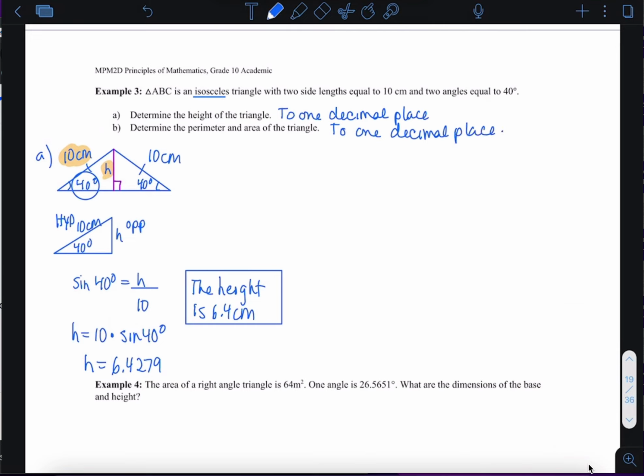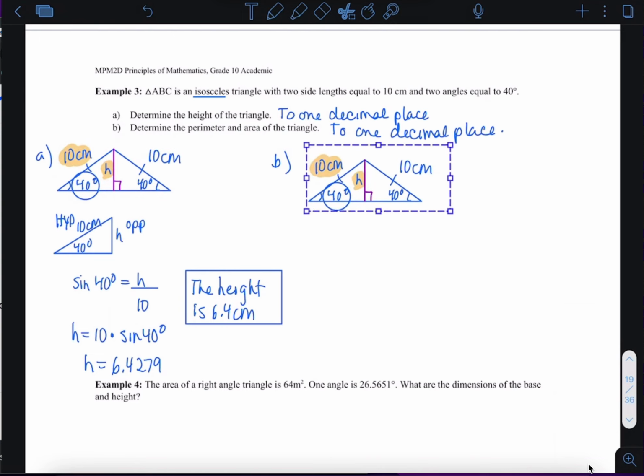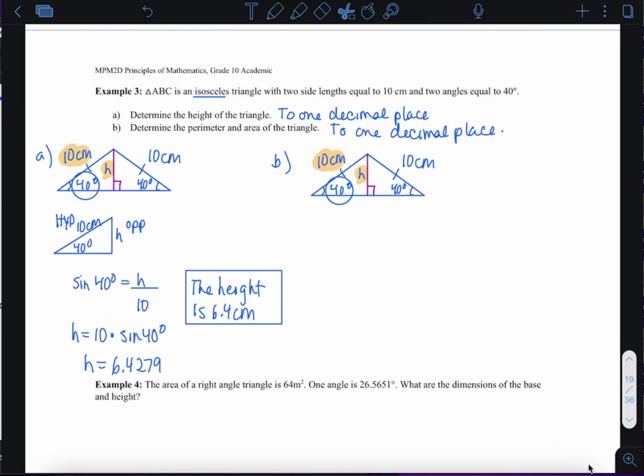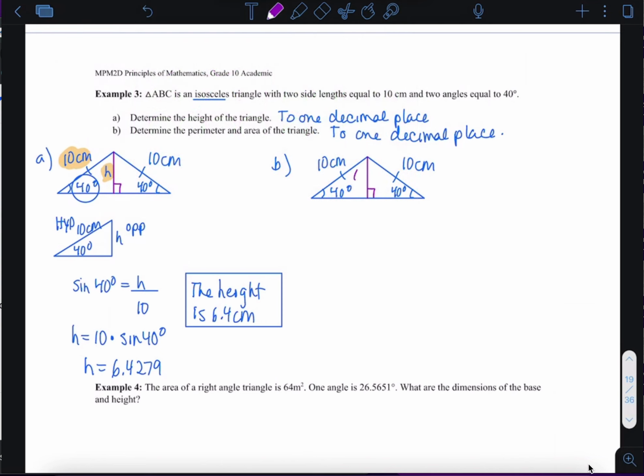So determine the perimeter and area of the triangle. Okay, so if I want to know the perimeter of this triangle, actually, I'm just going to do this. Okay, so now I actually know that this height here is 6.4 centimeters.